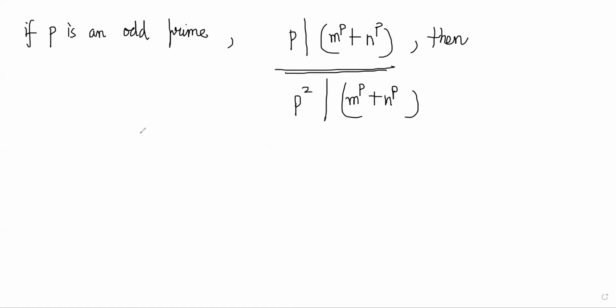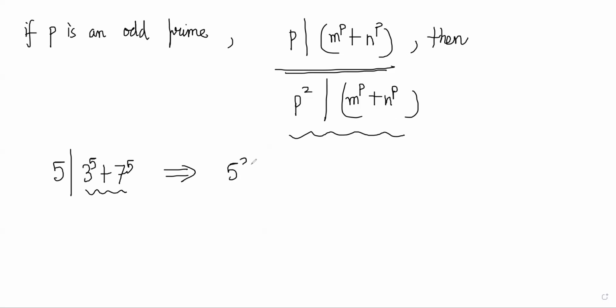So you basically will be able to say that if P square divides m power P plus n power P, so if we know that 5 divides 3 power 5 plus 7 power 5, you can calculate this and check. 5 divides this, and therefore it will imply that 5 square divides 3 power 5 plus 7 power 5.